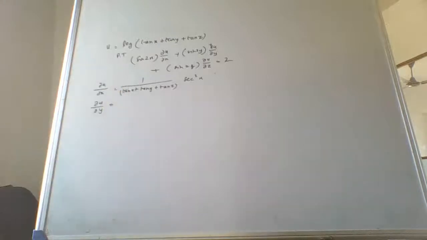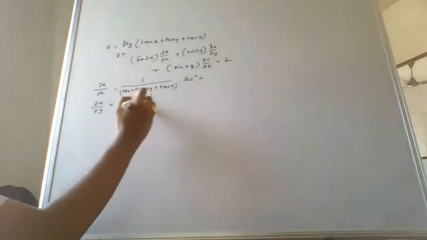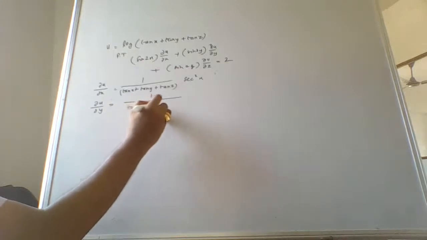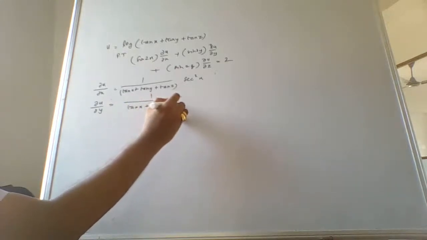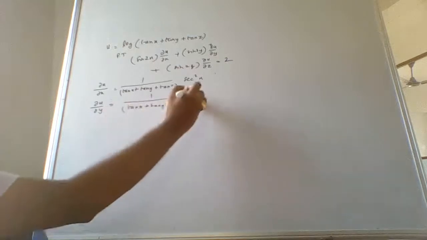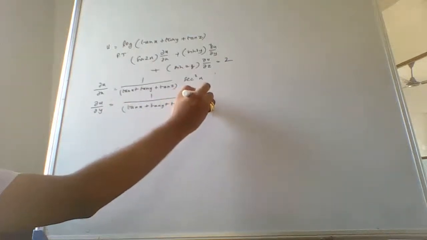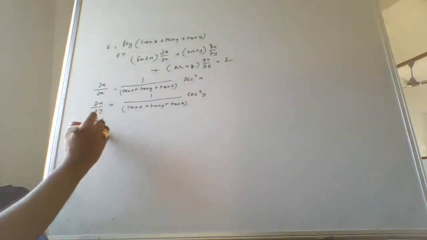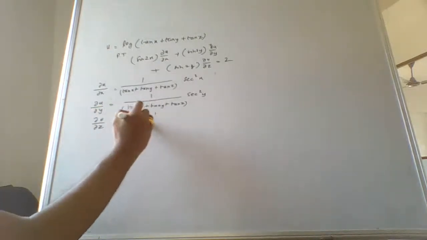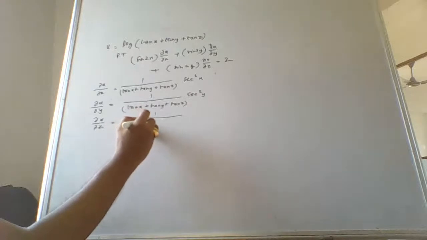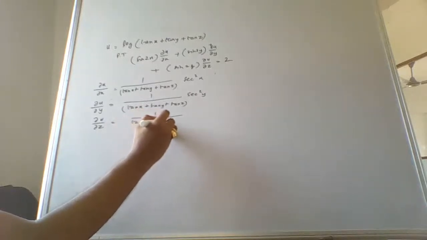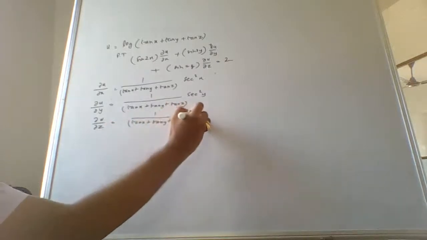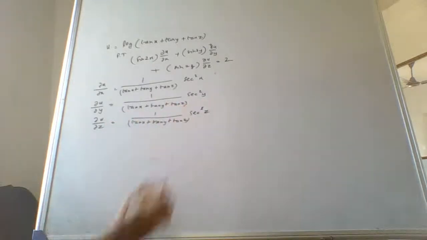I need that result also. So this is again 1 over tan x, tan y, tan z, and this is secant square y. Now again partially differentiate with respect to z. I get 1 divided by tan x, tan y, tan z, and this is secant square z.